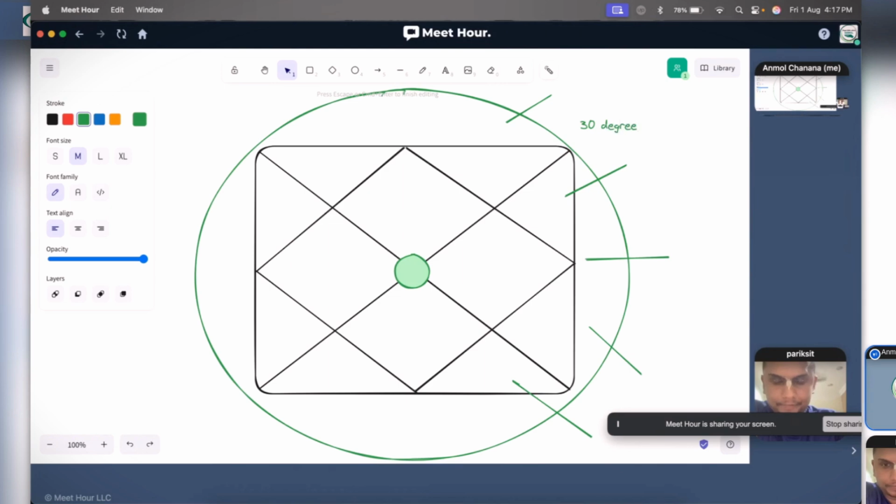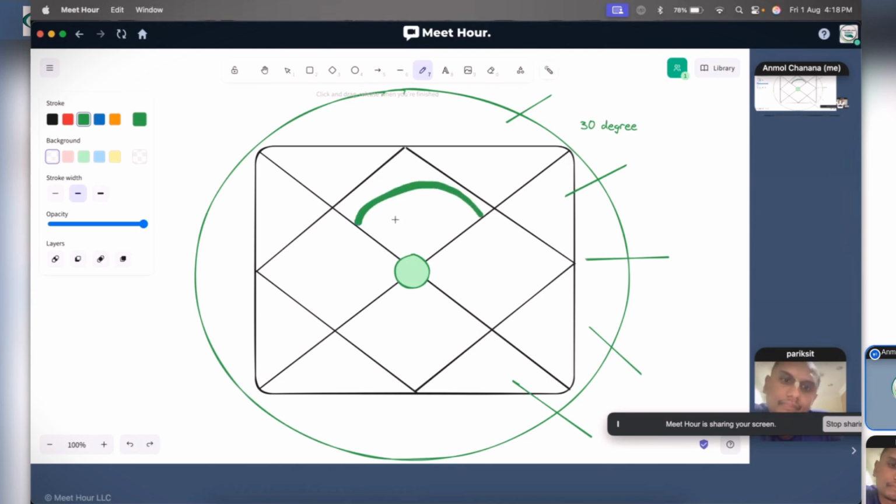So what exactly this means is each of your houses, from here to here, is 30 degrees of your space, 30 degrees of your sky.